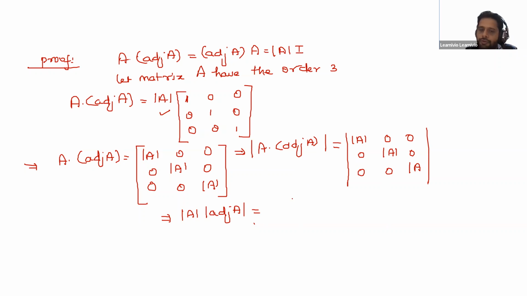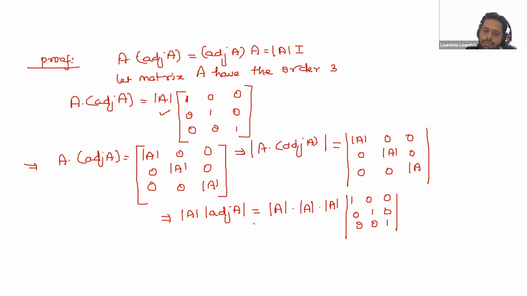So from the first row, we will take determinant A common. Okay, from the second row, we will again take determinant A common. From the third row, we will take determinant of A common. So we will get 1 0 0, 0 1 0, 0 0 1.